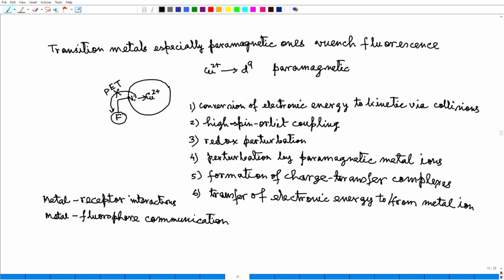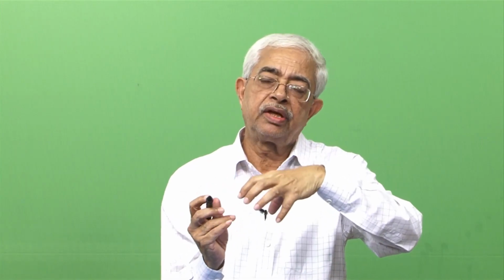That means, if metal receptor interaction is very strong, that means metal binds to the receptor very strongly, then we say metal receptor interaction is very high, and metal fluorophore communication will be low. Okay. So, these two we can play with to take care of all these 6 mechanisms.